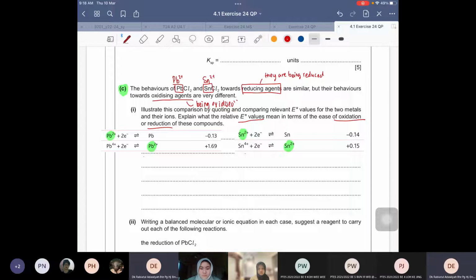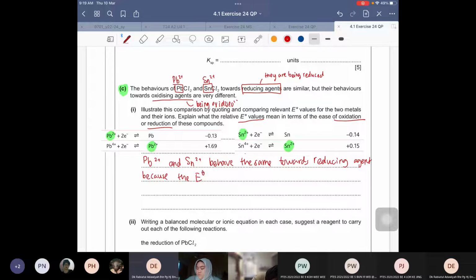We can say that Pb2 plus and Sn2 plus behave the same towards reducing agent because the E node are negative 0.13 volt and negative 0.14 volt respectively.